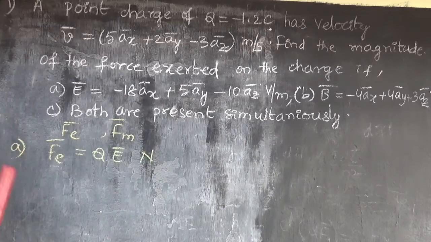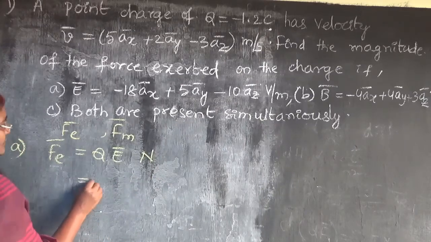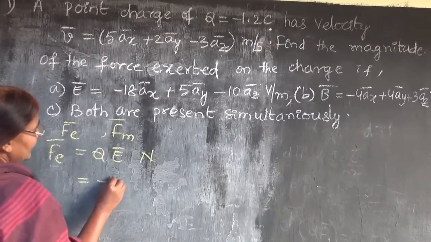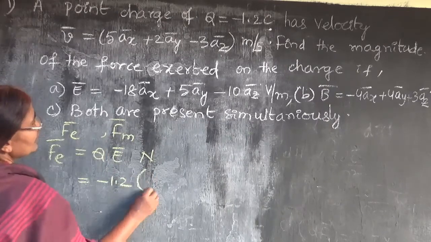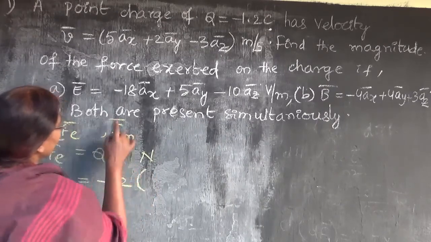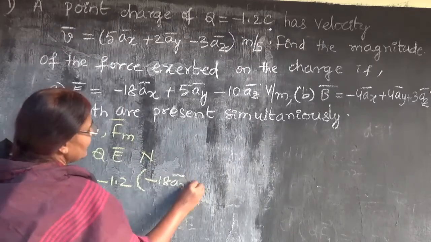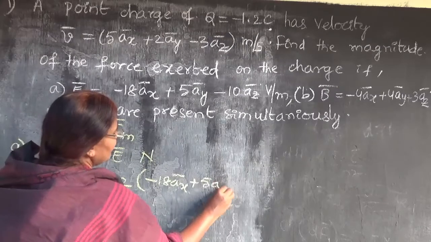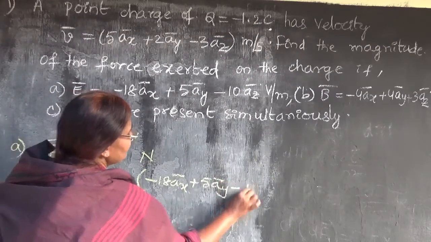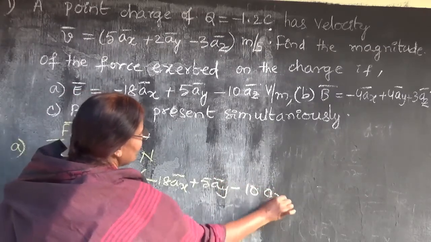You know this formula. Just substitute in this. Minus 1.2 into, what is E bar? Minus 18 AX bar plus 5 AY bar minus 10 AZ bar.